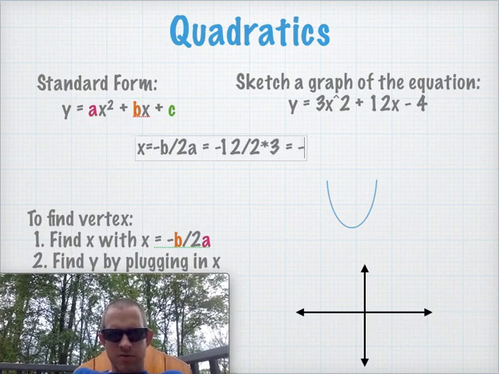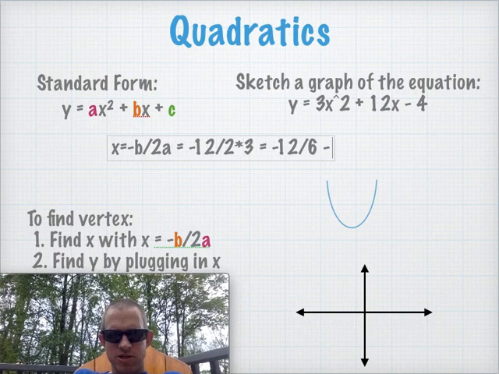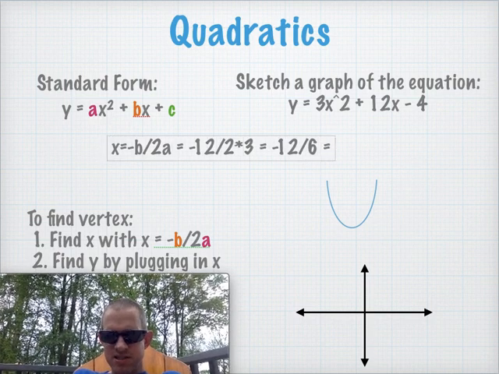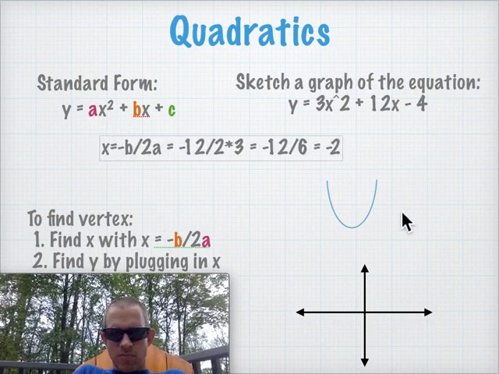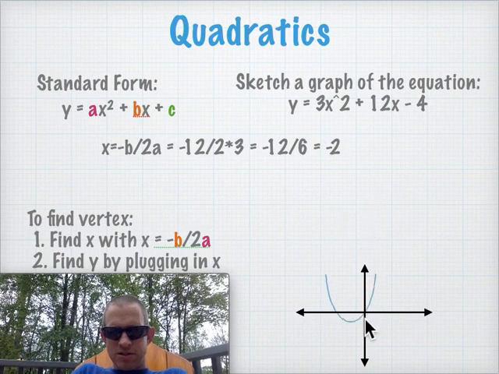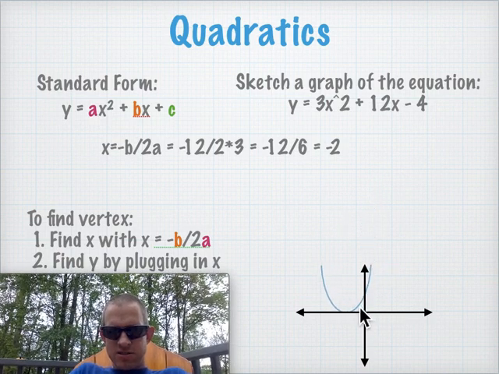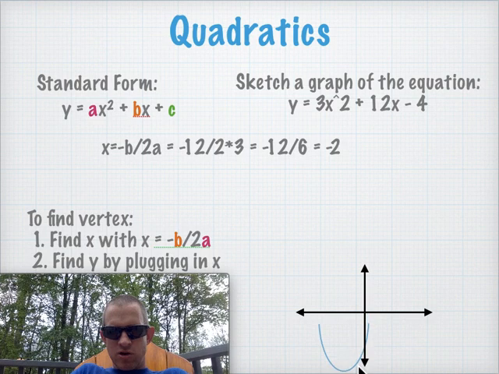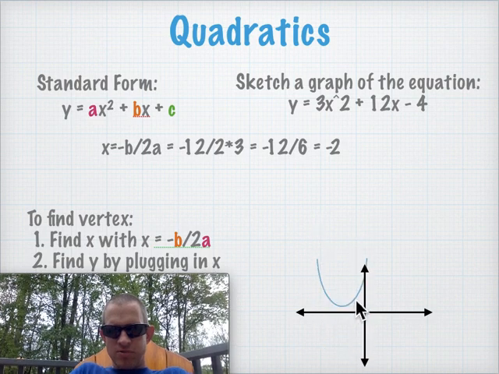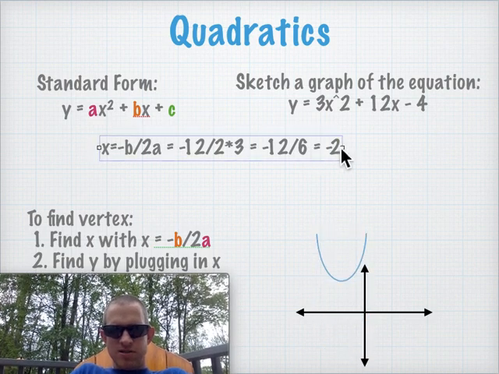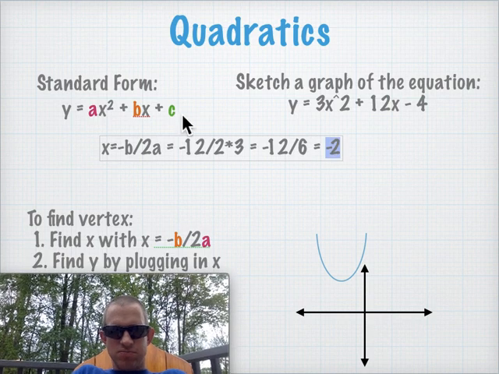That would be negative 12 over 6, which divides nicely to negative 2. So I know the x-coordinate of the vertex is negative 2, but I don't yet know how high or low that lowest point is. And so now what I need to do is to take that negative 2 and plug it in for an x and see what I get.